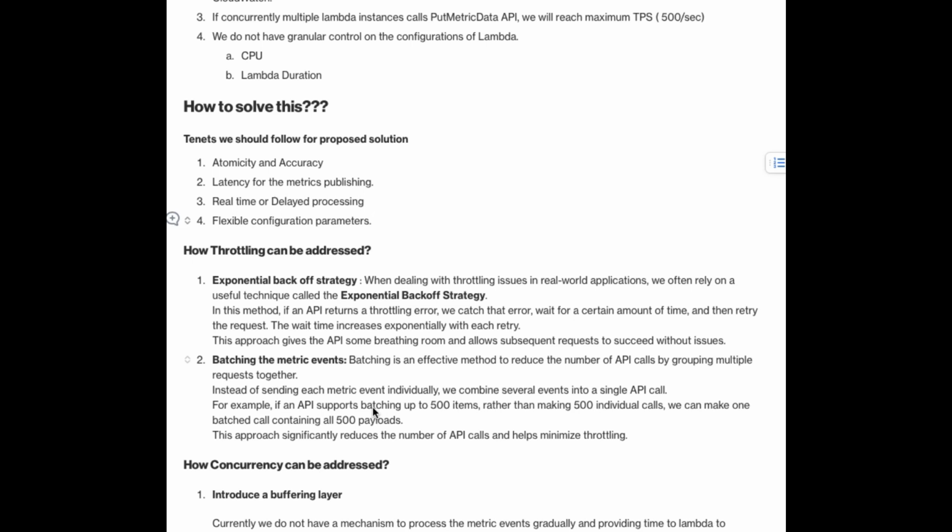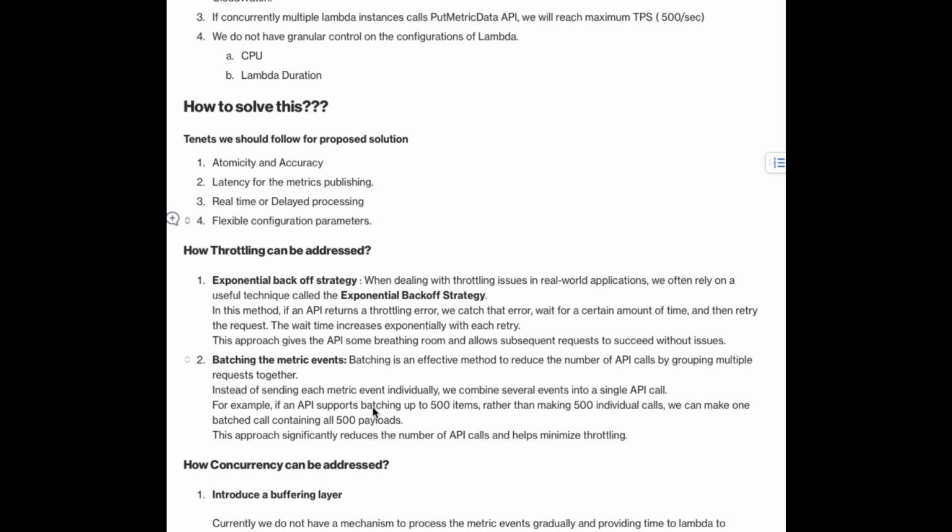I think CloudWatch provides batch call of 1,000 input events, so we can combine all that into a single call, and instead of making 1,000 individual calls, we can make one call with all that input. So these two mechanisms can be really helpful for addressing throttling.